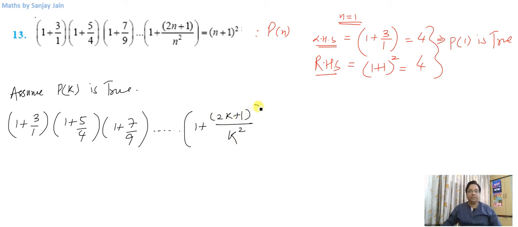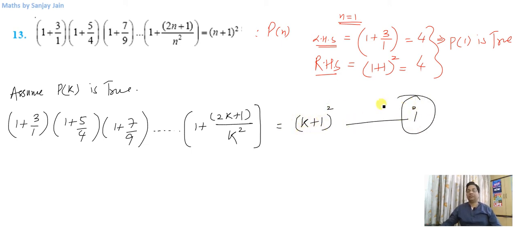So this is the left hand side of P of k, and on the right hand side I've got k plus 1 squared. Now this is my first equation, which is P of k.